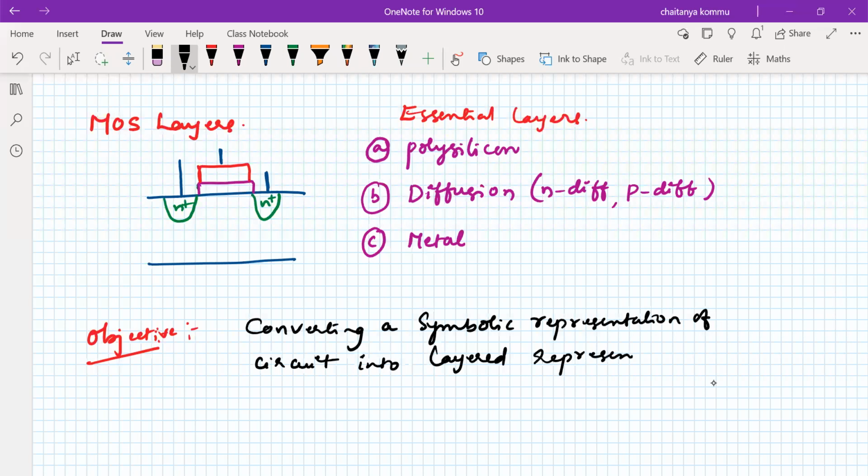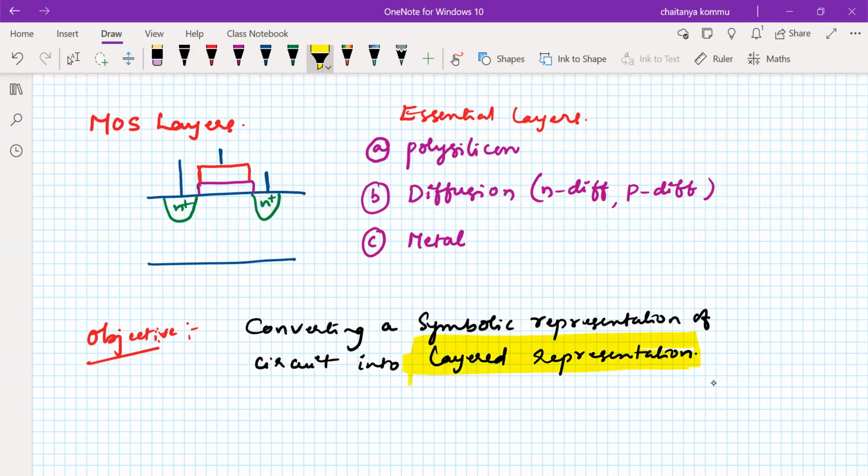This representation is very useful further to implement our circuit on the silicon chip. So layer information is an essential way of presenting your circuit.